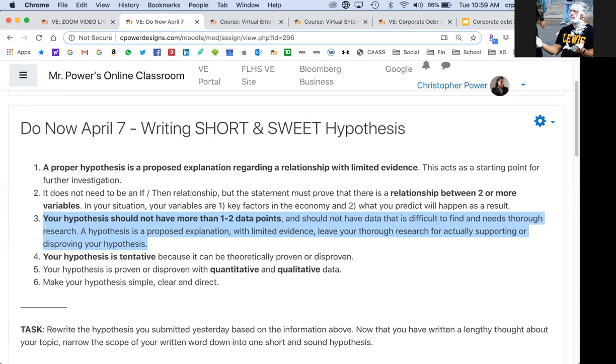So, let's take Daniel's. Mortgage-backed securities in 2008 caused the fastest decline in the stock market in history. Okay, there's your 1 data point. 2020 will face the worst decline in history, larger than 2008, as a result of mortgage-backed security debt.